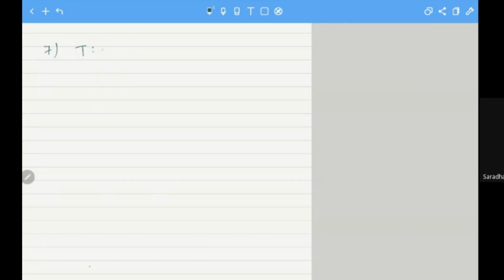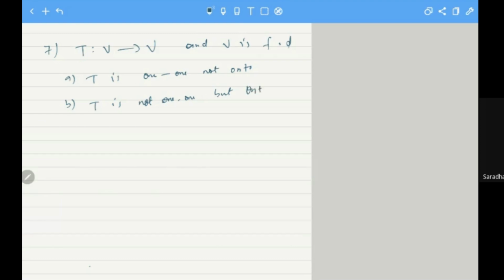Let T from V to V, and V is finite dimensional. Then A, T is 1-1, not onto. B, T is not 1-1 but onto. C, T is 1-1 and onto.